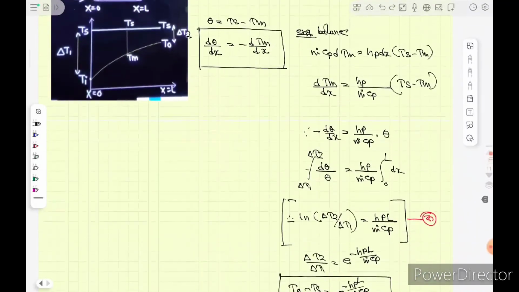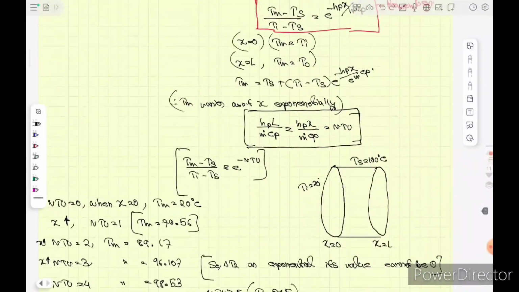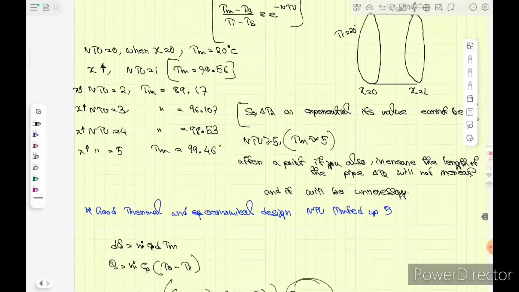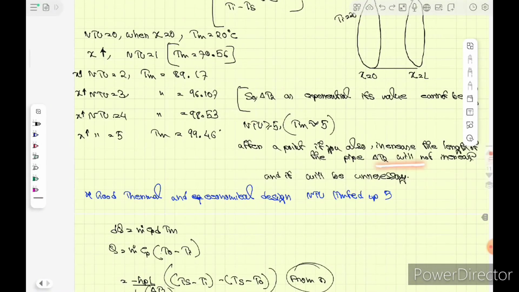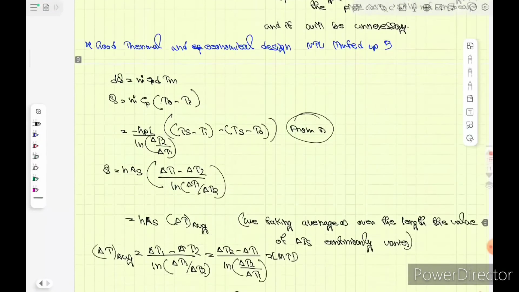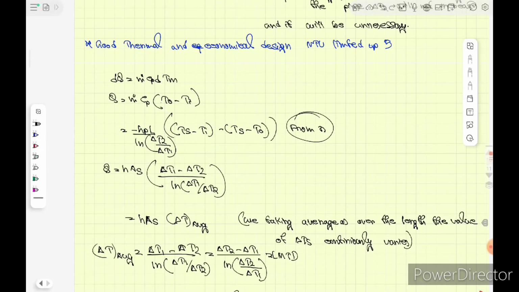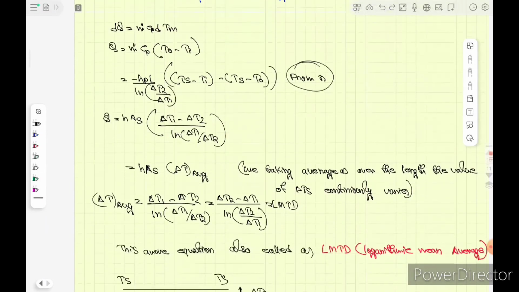So how much NTU are we taking? Till 5 we are getting, and after that we are not taking. For a good thermal economy NTU is limited up to 5. That is dq equal to m Cp dT. That is simple. From there we put the NTU value.